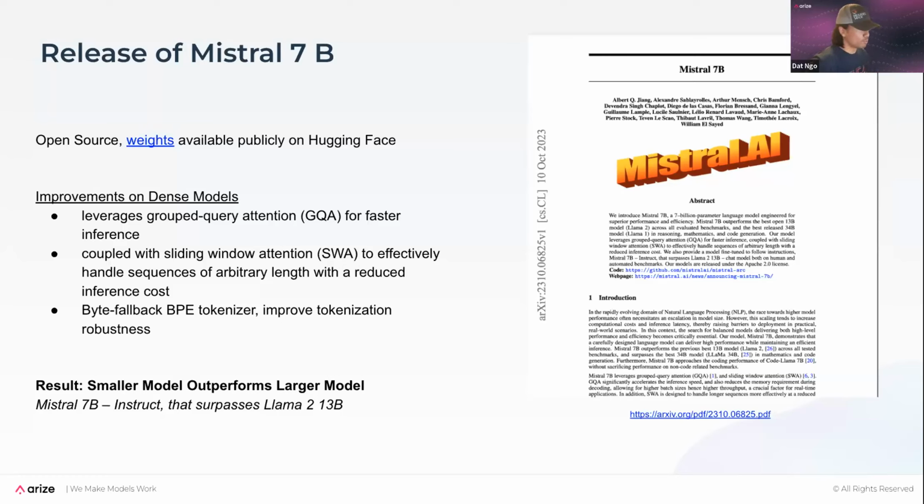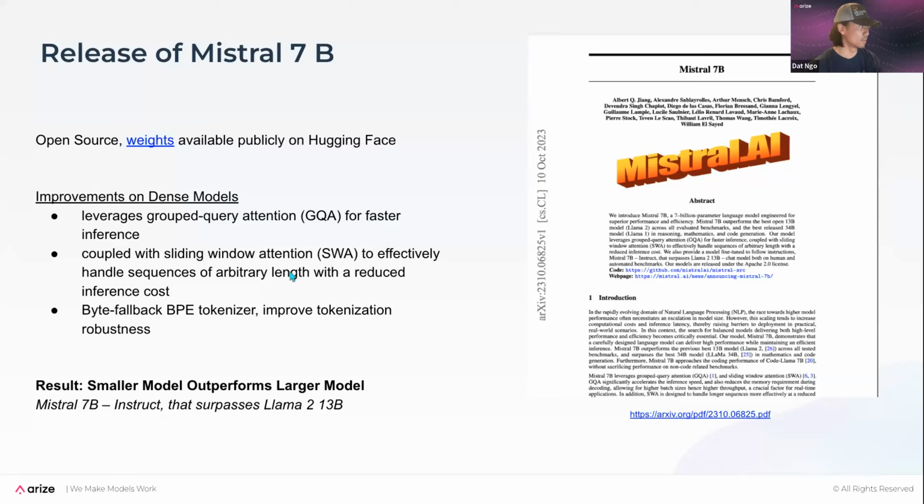The last is the BPE, or byte fallback, tokenizer. It's really about how to deal with out-of-vocab words, or things in different languages, which has generally given large language models issues in the past.